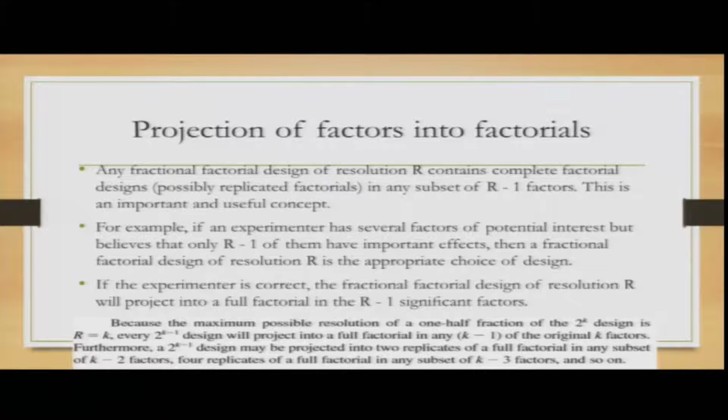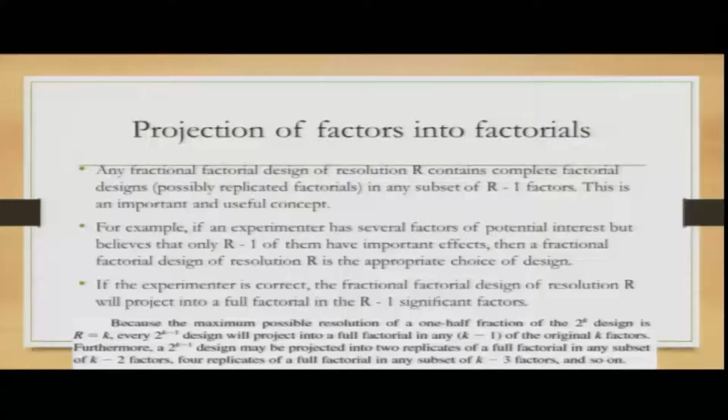For example, if an experimenter has several factors of potential interest, but believes that only R minus 1 of them are important effects, then a fractional factorial design of resolution R would be appropriate in order to bring the level of significance to that level which the experimenter wants.